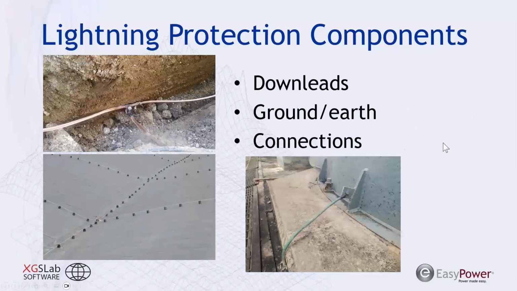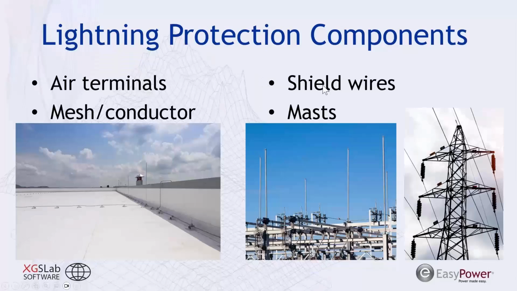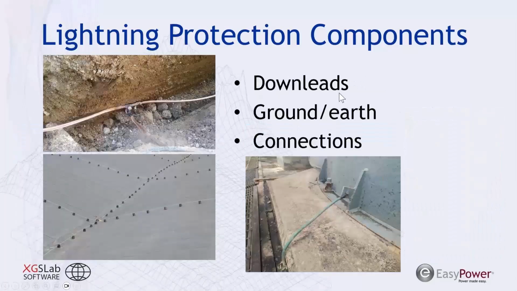So the air terminals, shield wires, masts, down leads, grounding system, and the connections to them all need to be designed properly, connected properly, and maintained in order to have a functional lightning protection system. So you can't have one leg working without the other two.